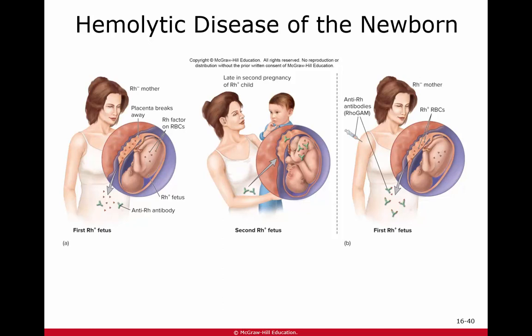So they cross the placenta and attack the baby's red blood cell. But the first child is not affected. And that RhoGAM up there, that injection she's getting, that's that massive dose of the antibodies to keep her from becoming sensitized, so that each pregnancy is considered like the first one. And this happens with pregnancies, with abortions, and with miscarriages and dead births, stillborns.